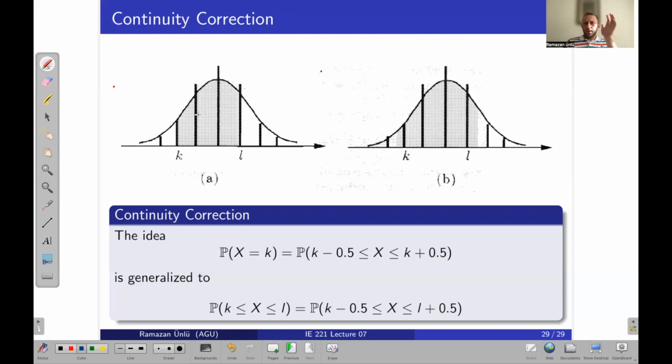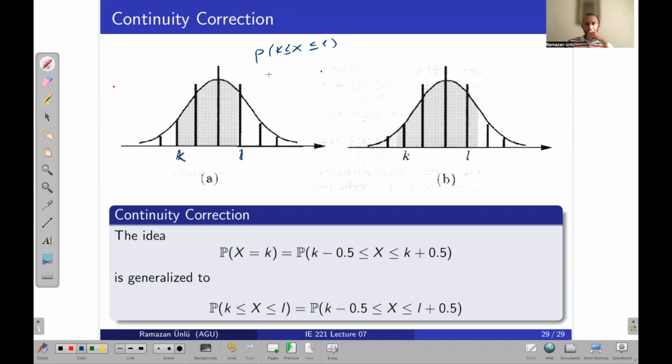So the main logic behind the approximation is using some rectangles to calculate the area between some range. Let's say I have 2 points, K and L, and I'm asking for the probability that X is greater than or equal to K and less than or equal to L.